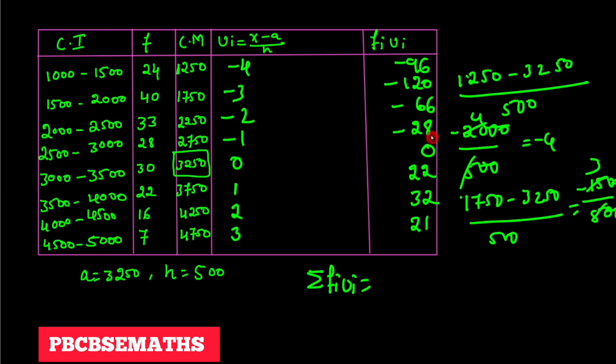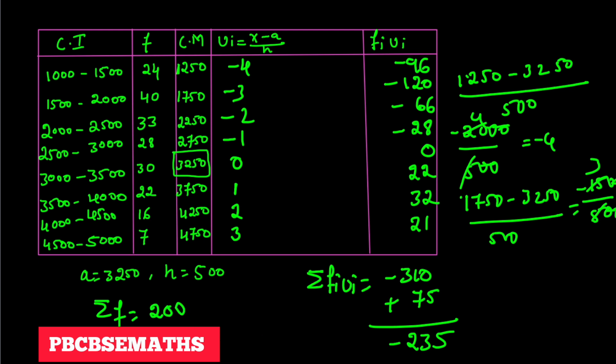Minus 282 minus 28 is minus 310. Then plus 75. So minus 310 plus 75 gives us minus 235. This is the value of summation of FiUi.